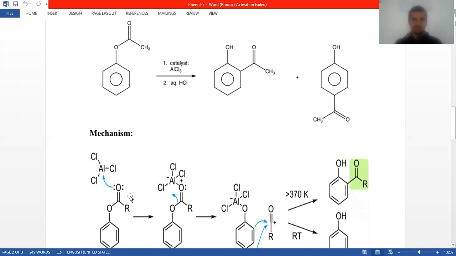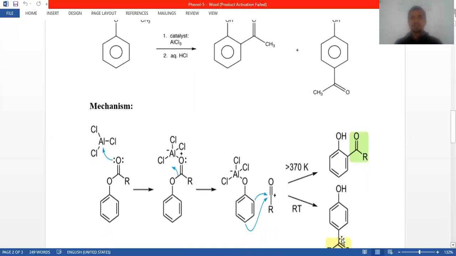So in the mechanism, the oxygen atom contains two electron pairs. It attacks the aluminum of the Lewis acid. It is AlCl3, aluminum, which has low electron density. Then rupture of the carbonyl oxygen and carbon bond takes place. It removes, and there is formation of the two products.